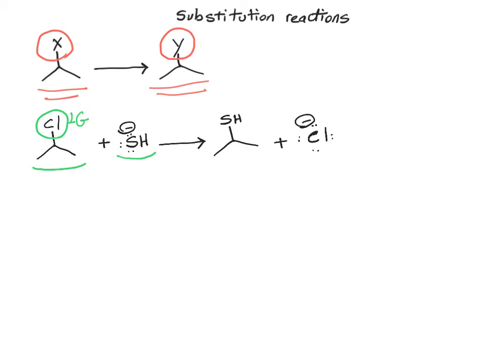So as you can see in the product, we have replaced the leaving group with the nucleophile. So chlorine is being replaced with SH. And this is a substitution reaction because one group, chlorine, is replaced with another group, SH.